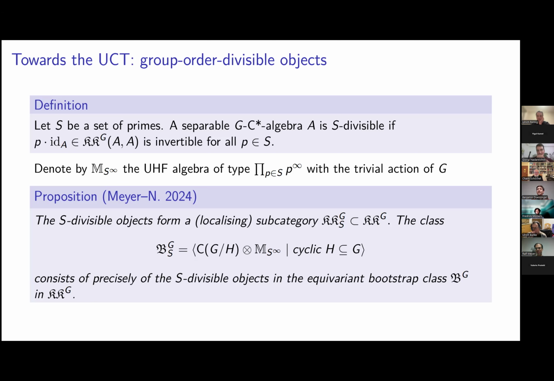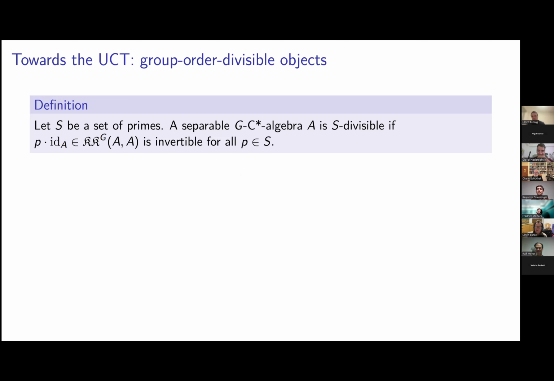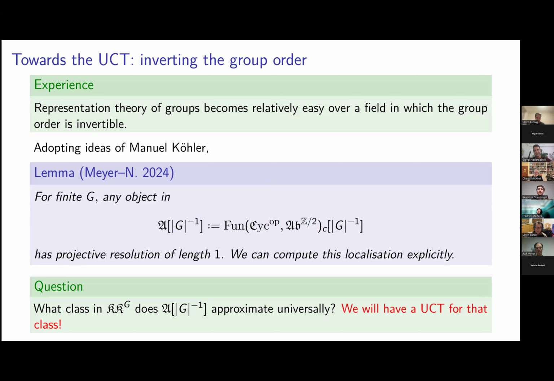Go ahead, Uli. Yes, so essentially what you describe is somehow the way to calculate this colimit over the orbit category of cyclic subgroups. On the level of homotopy groups, to calculate the homotopy groups of the colimit of the K-groups over the cyclic subgroups.